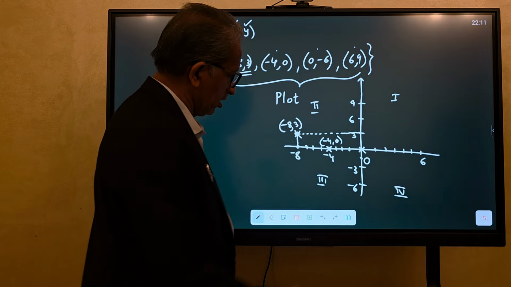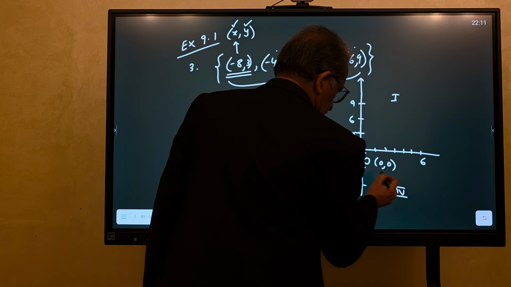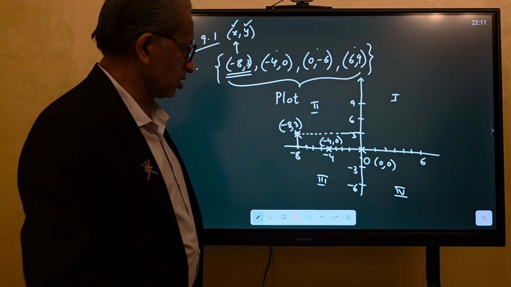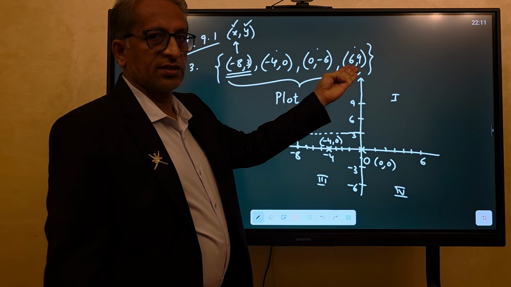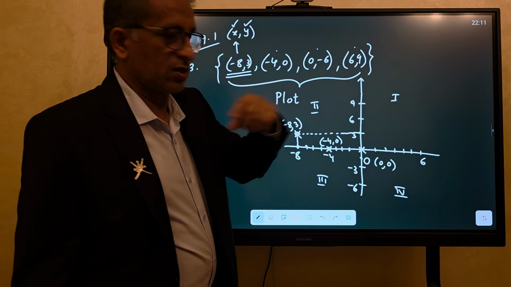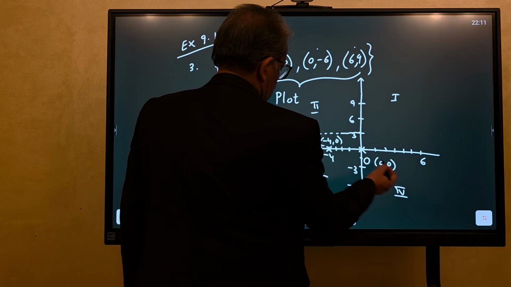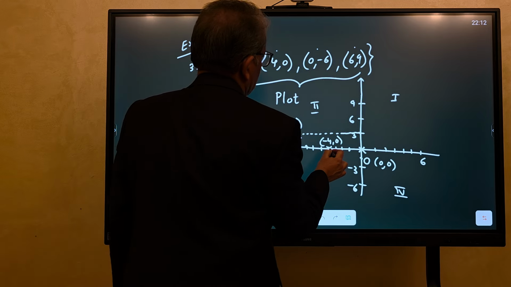It will remain here, because the coordinate of the origin is 0, 0. So either you go along the x-axis or y-axis. For these x values, y is 0. So y is 0 and x is -4. The point is here.